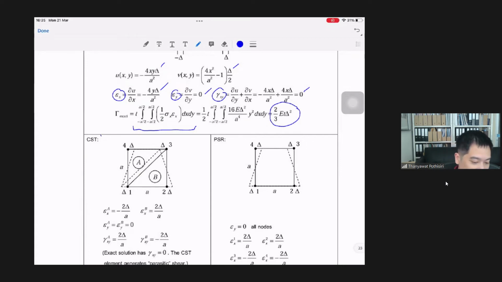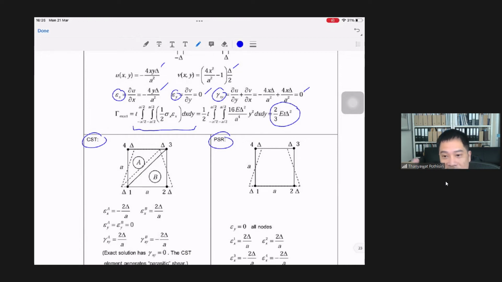Okay, now let's take a look at the finite element model by using CST elements and PSI elements. So obviously we can see that by looking at the deformed shape of the finite element model, because the displacement approximation is linear, right?